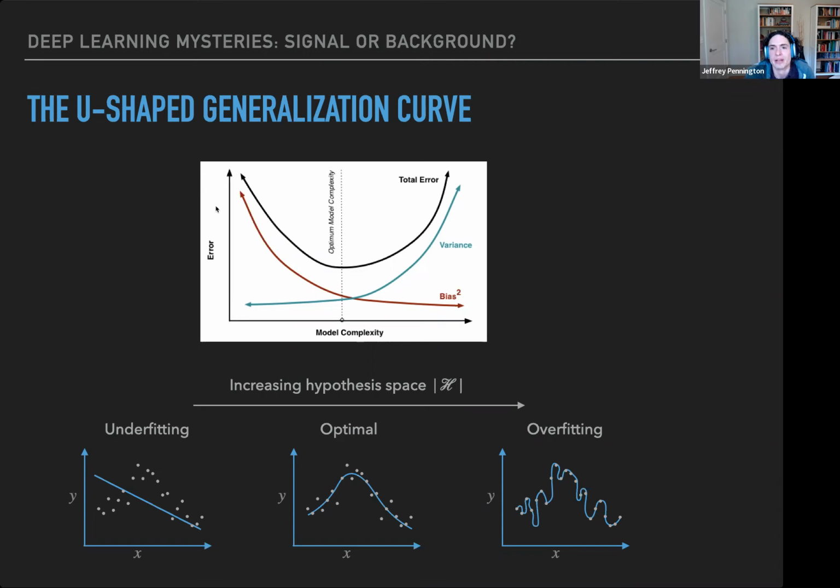So as you move left to right, the story goes, you should transition through a regime where, on the left, you first don't have enough capacity. In the middle, you get a sweet spot, and then on the right, you're overfitting. And so you trace out this U-shaped error curve.